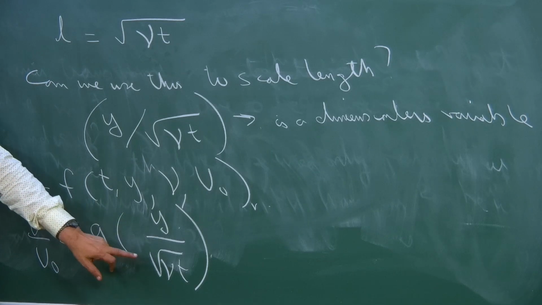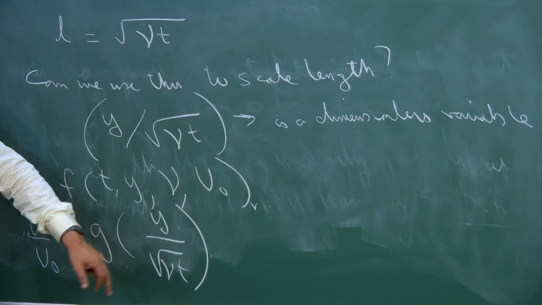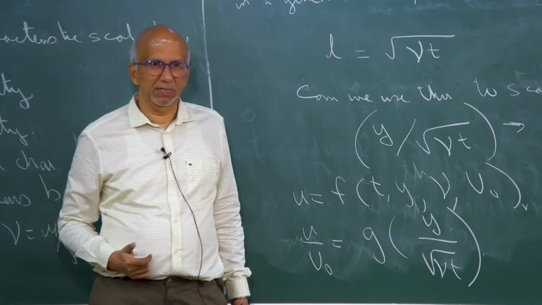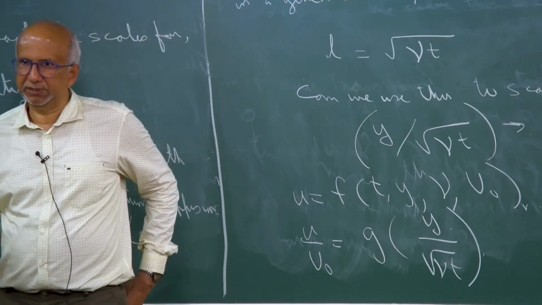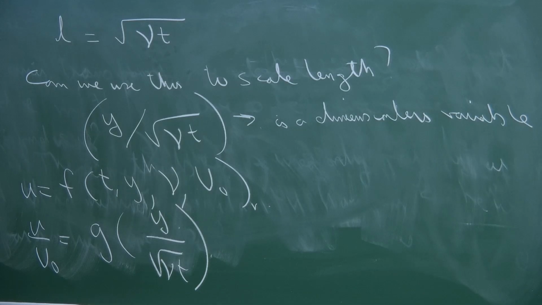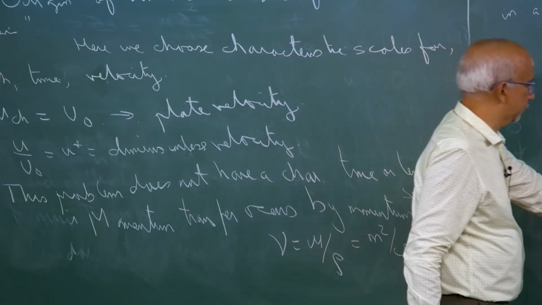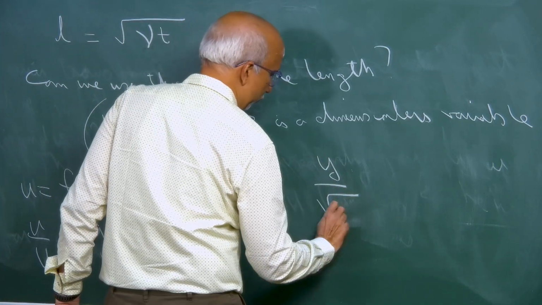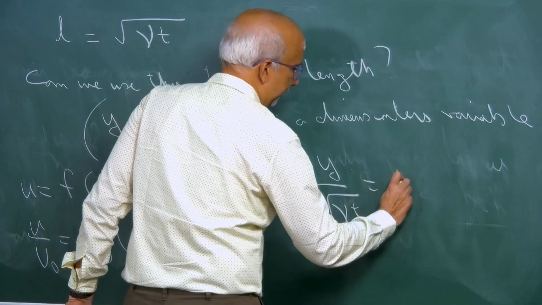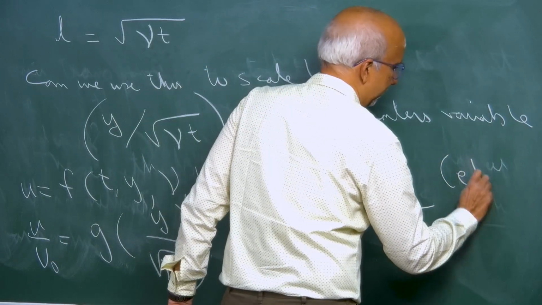Why am I writing this combination? Because this is dimensionless. So, everything will be in terms of dimensionless variables. So, this is the motivation or the background for me to seek the solution in terms of this dimensionless group, and this y divided by square root of nu t I define as eta, a new variable.